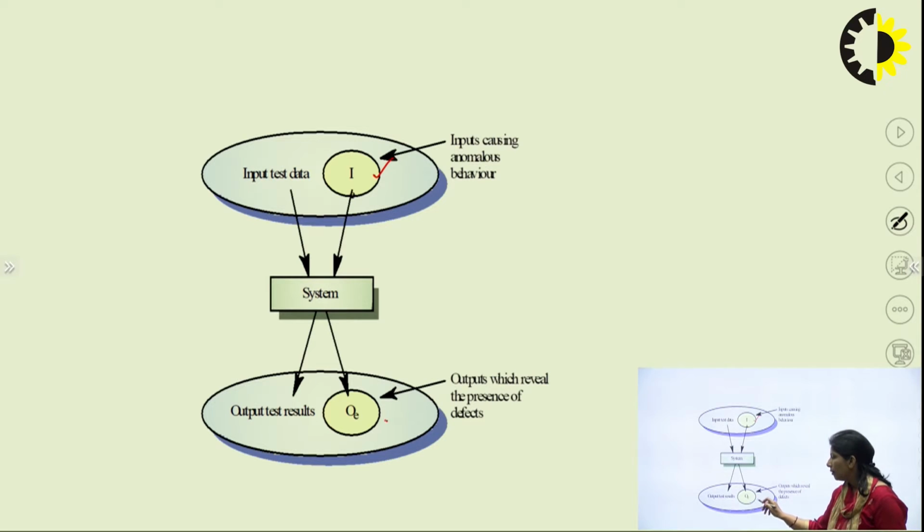Then some output is also there, and this output will reveal the presence of defects. It is not necessary that we have given inputs causing anomalous behavior. Some inputs can be from the domain, but the processing is such that some kind of error or defect will be there. So there will be some set of outputs that may reveal the defects.